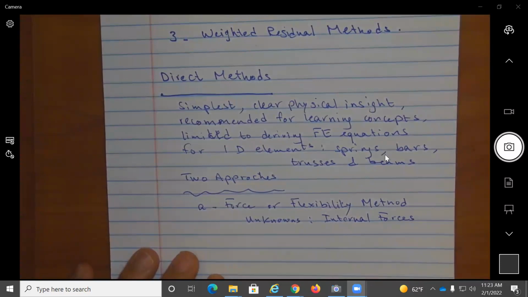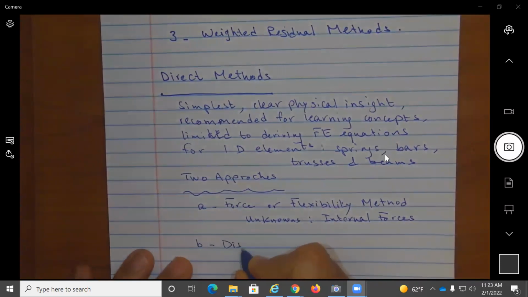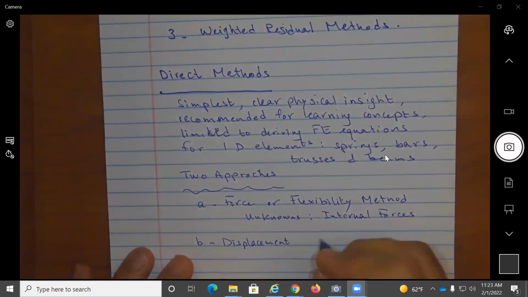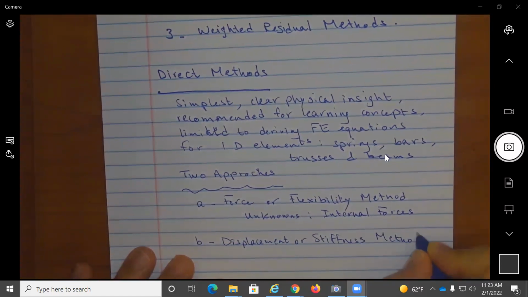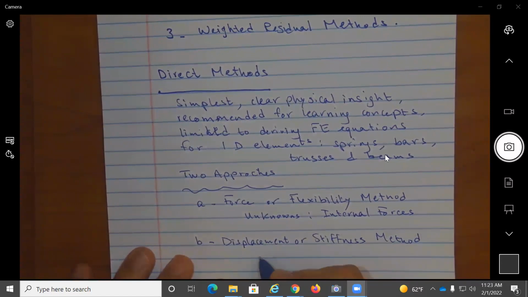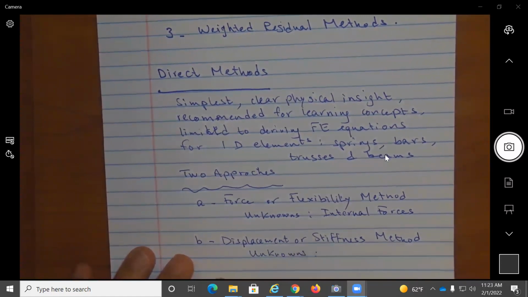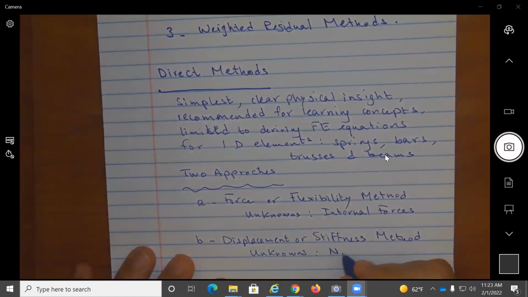That's why we call them force methods. And B, we have the displacement, or sometimes we call it the stiffness method, where the unknowns are the nodal displacements.